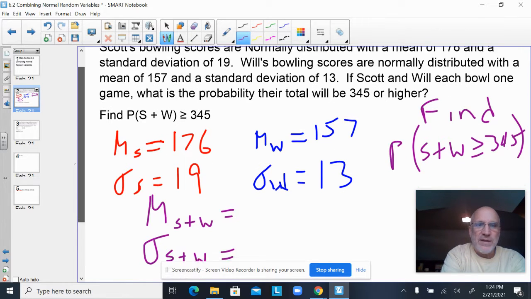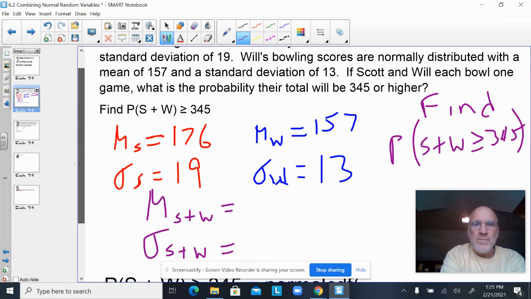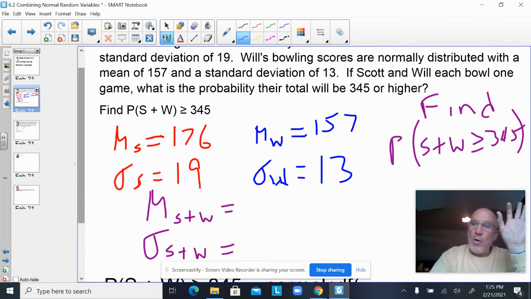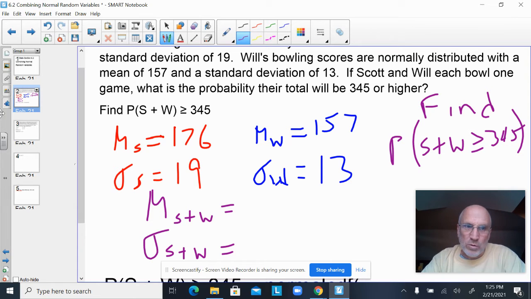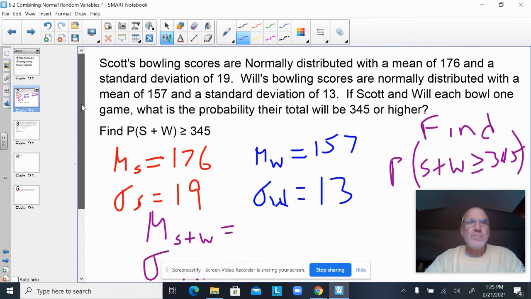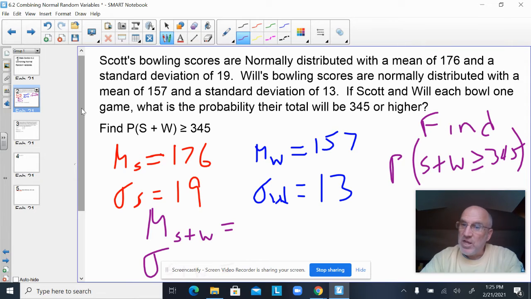Since both S and W, Scott's and Will's bowling scores, have normal distributions, so does the sum of those two. So we have to use these formulas that we've been talking about to find the mean of S plus W and the standard deviation of S plus W.